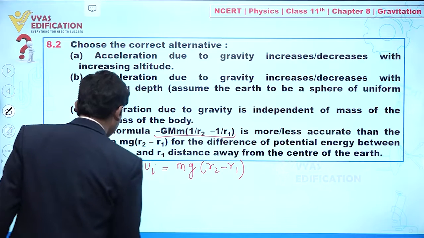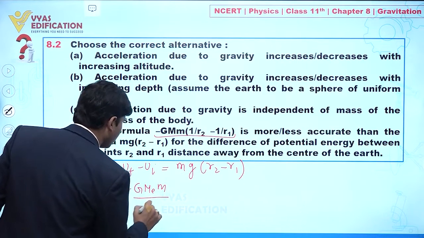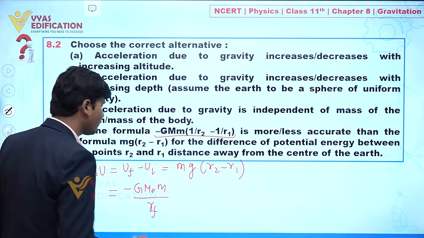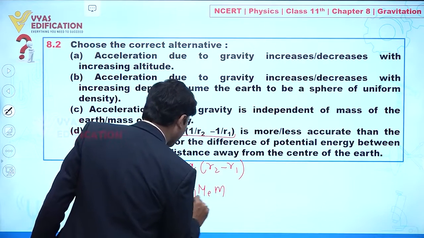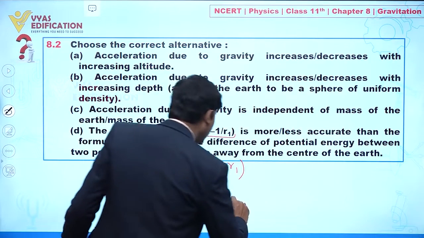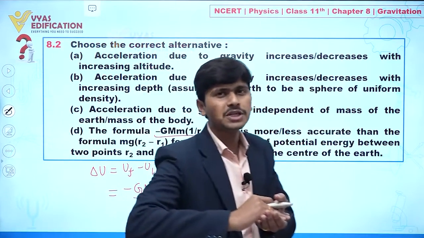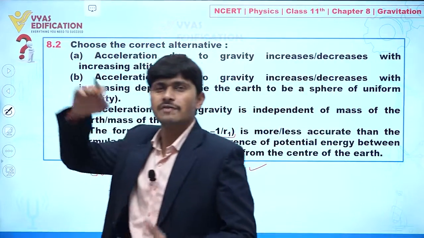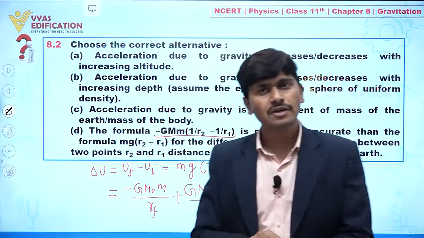Why? Because the final can be written as minus G Me m upon r final plus G Me m divided by r initial. This formula is more accurate compared to the other one. Let's suppose an object goes to a certain height from the surface of the earth, or to a certain depth from the surface.